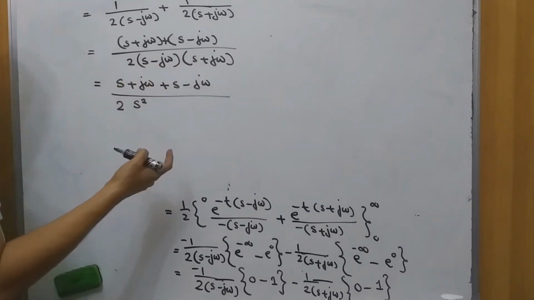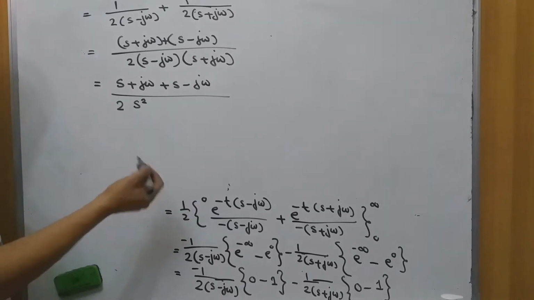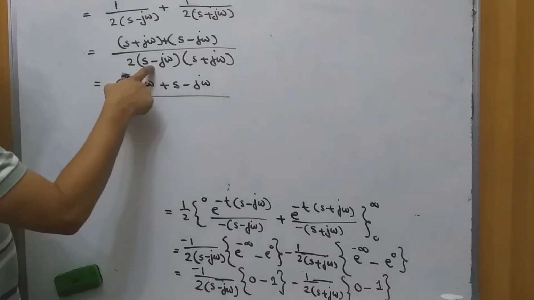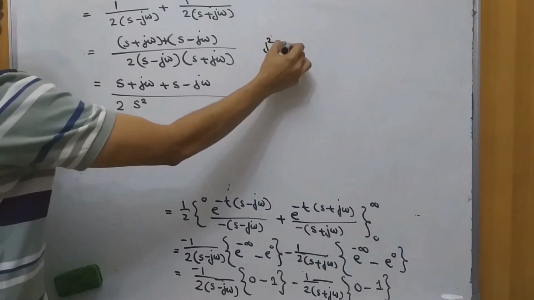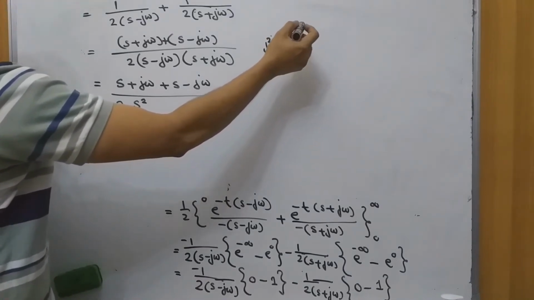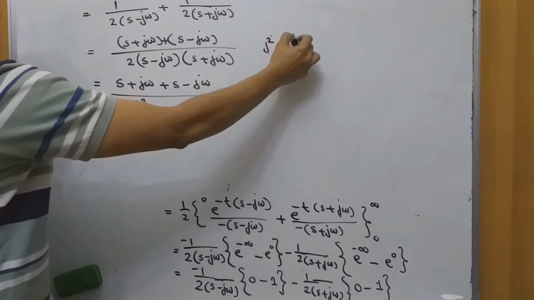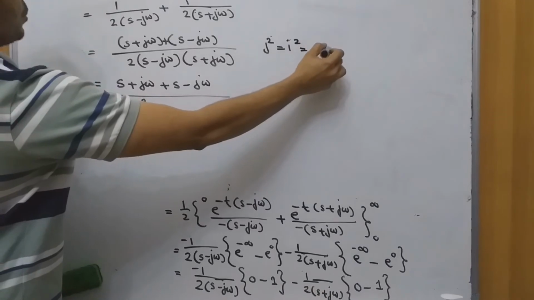Here j is similar to i, the complex operator, so j times j is minus 1, and minus of minus makes it plus. So j square is i square, which is equal to minus 1.